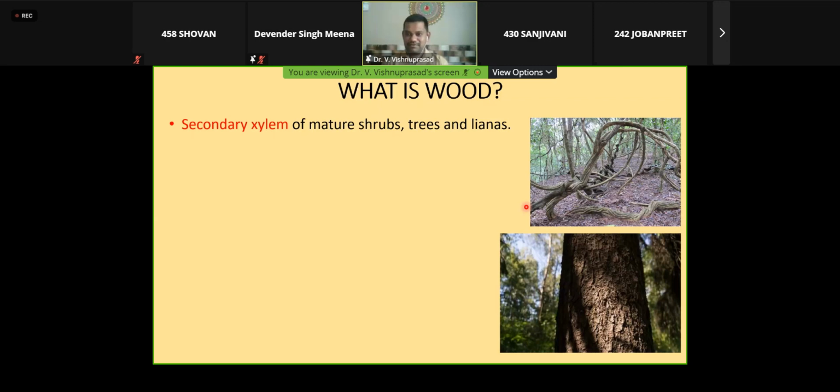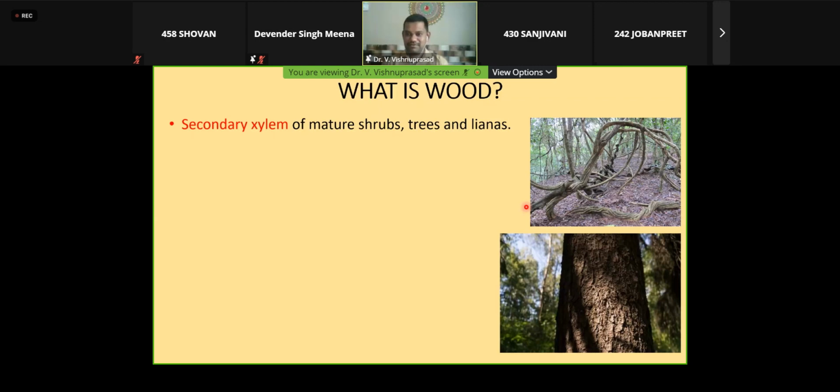But it's not just about the height. When a plant is growing so much in height, in order to support it, it must also grow in girth. So the height and the girth both are very important. And that was possible because the plants developed something called cambium tissue.